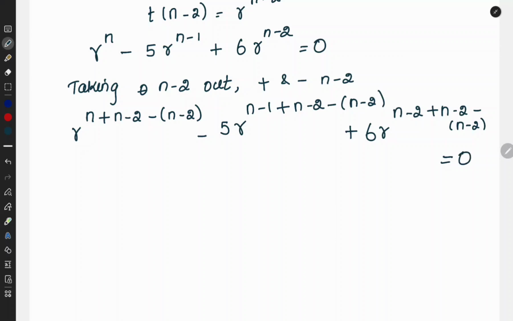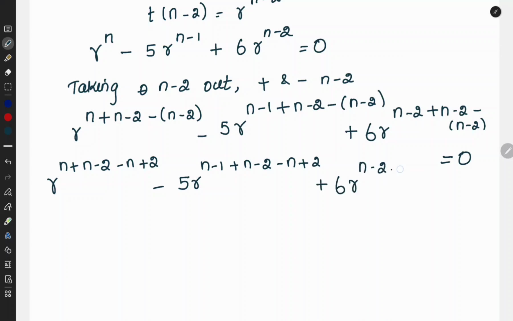Now we are going to multiply this minus inside the bracket. So r^(n+n-2-n+2), then 5r^(n-1+n-2-n+2), because the minus will go inside and it will become plus, then 6r^(n-2+n-2-n+2) is equal to 0. Now we cancel the terms.